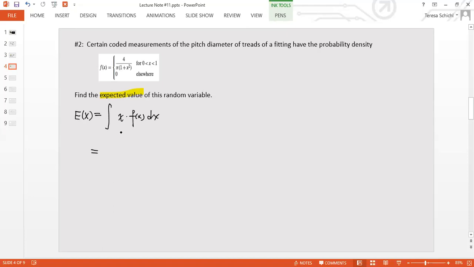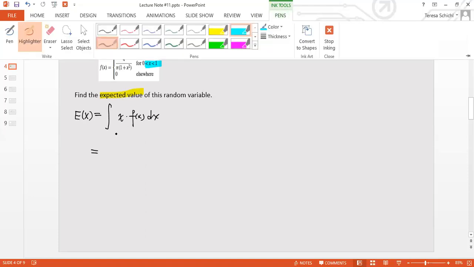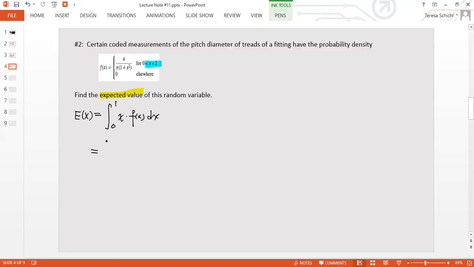Okay, so here, don't forget your limits, right? So this is from 0 to 1. Then here, this is 4x over pi times 1 plus x squared dx. And like we said, this is not a calculus class, but here I'm going to show you a quick way.